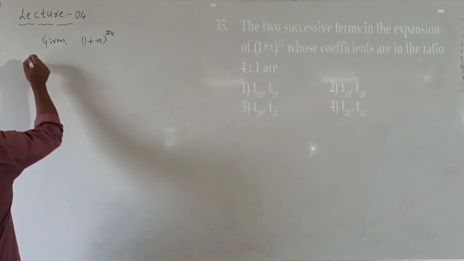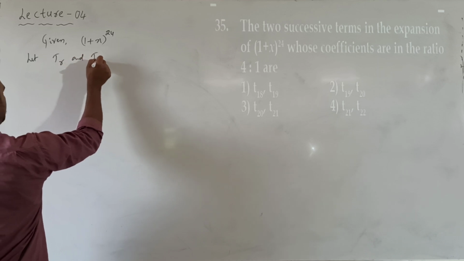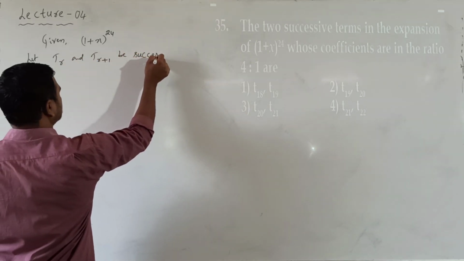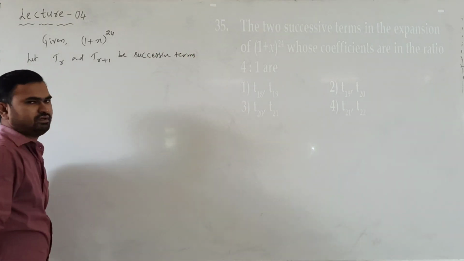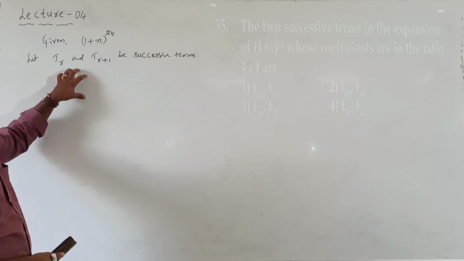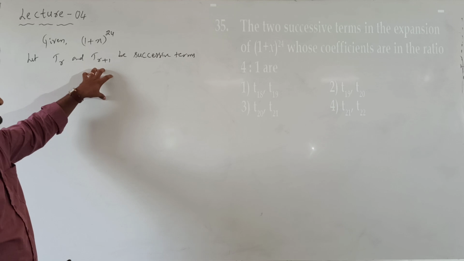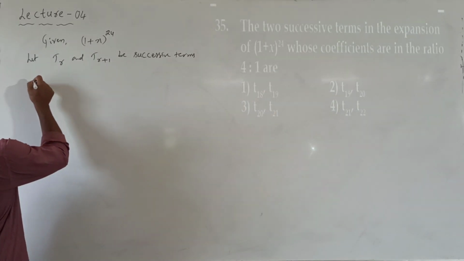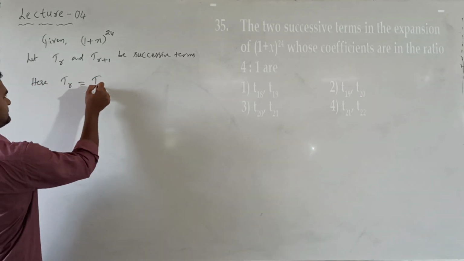Now let us take TR and TR plus 1 be successive terms. Any terms we can take. I am taking TR and TR plus 1. Now these coefficients are in the ratio of 4:1. First we will find the coefficients. How can I write TR plus 1 is compulsory.